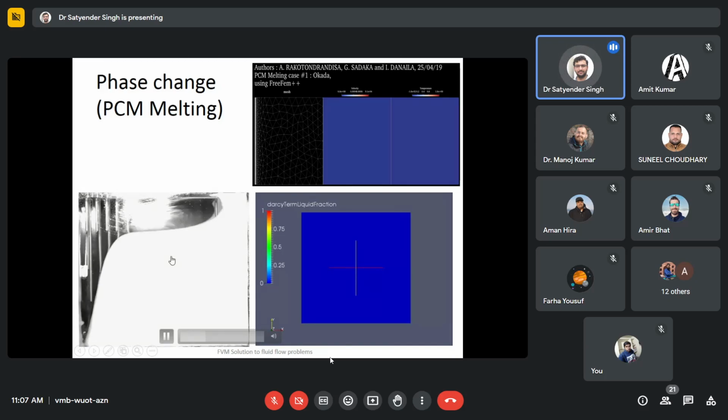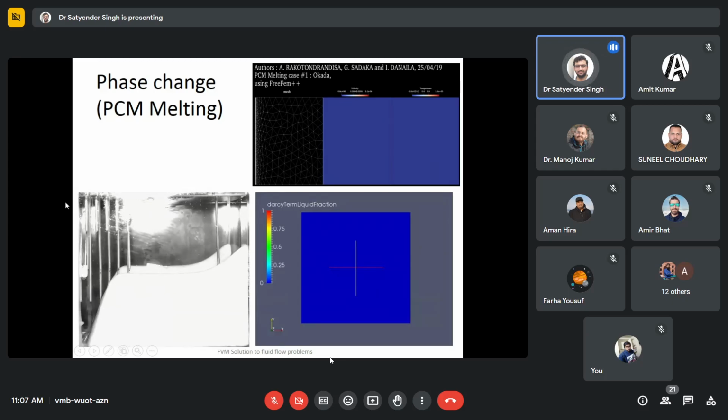You can clearly observe liquid and solid fraction. But the problem is, although the wall is maintained at a uniform temperature, the melting is not going uniformly along this particular direction, if this is the x direction. Although we are applying a uniform temperature, a straight melting front should commence.